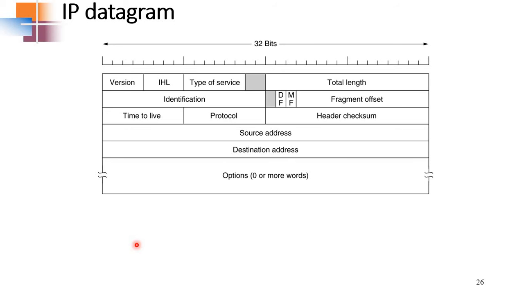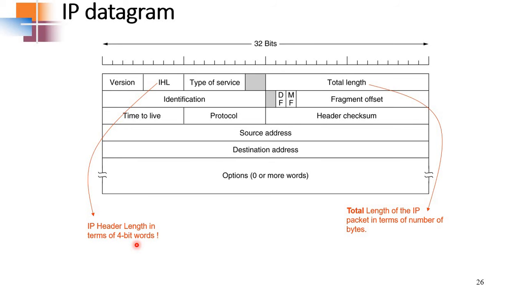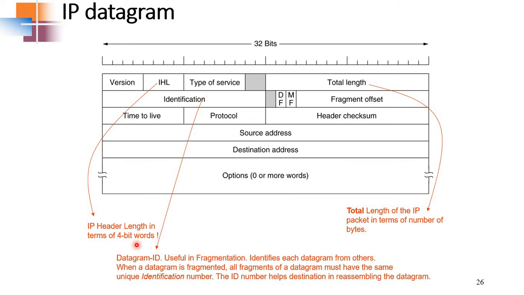Now we'll have a small recap of the entire process we have seen. IHL is the header length with a size of 4 bits, and total length has a size of 16 bits. Next is the datagram identification, which is used for identification and for the reassembly process on the destination side. We have encapsulation at the sender and decapsulation at the receiver side.